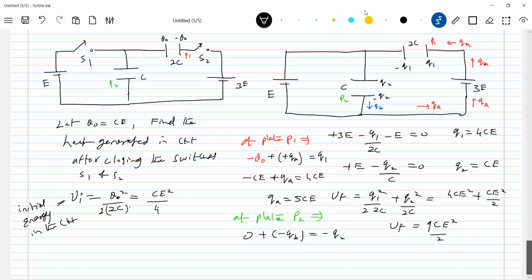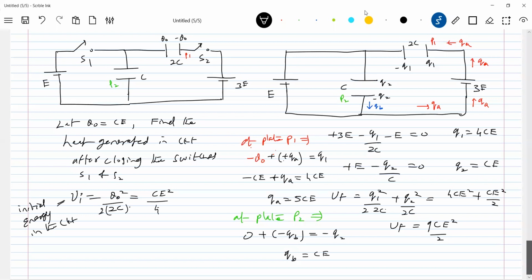So how much charge? If I solve it, I'll get QB equal to how much? QB equal to CE charge. I got positive. What does it mean? Some positive charge left from here. Then QA we got. What is the QA value? 5CE.